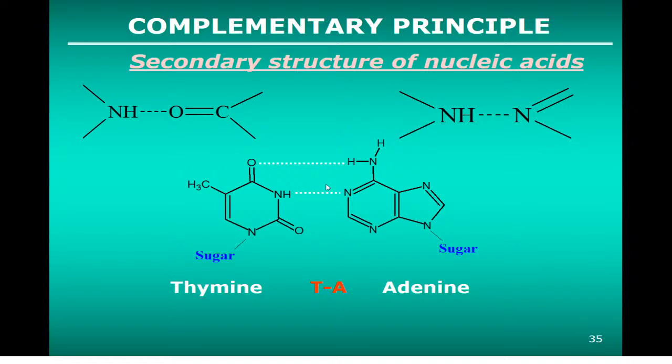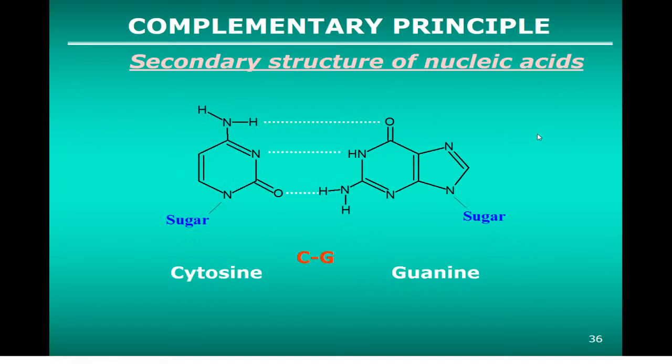Here, between thymine and adenine, 2 hydrogen bonds. Between hydrogen and nitrogen, and between oxygen and hydrogen. Hydrogen, oxygen, hydrogen, nitrogen. Just 2 types of. And second pair, it's a cytosine guanine.